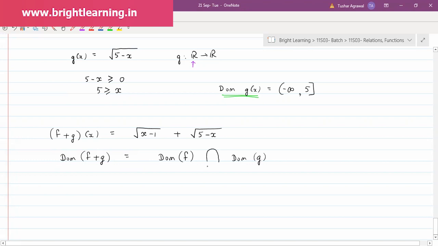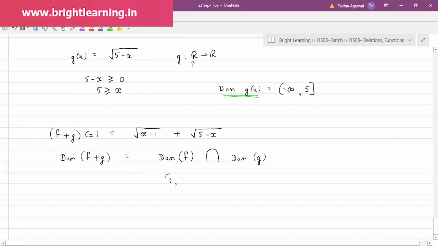Why common points? Why cannot we take the union? Because you want the first function to be defined and the second function. If you take the union, there may be a point where the first is defined but the second is not, or the second is defined when the first is not. You have to take the intersection, the set intersection. Is this clear to everyone why we are taking the intersection?